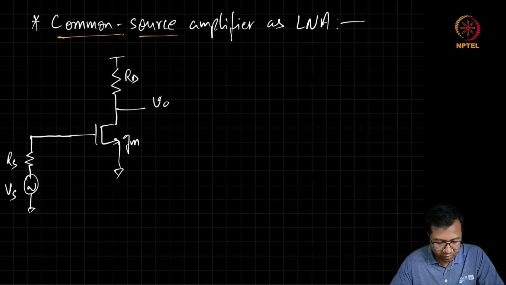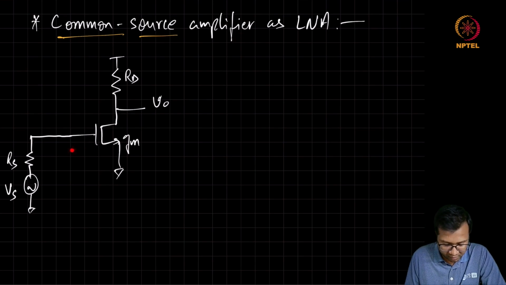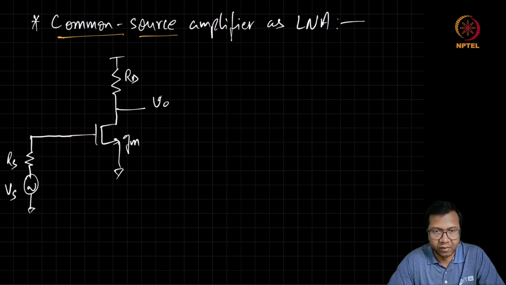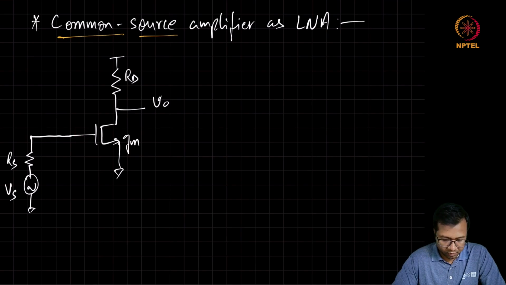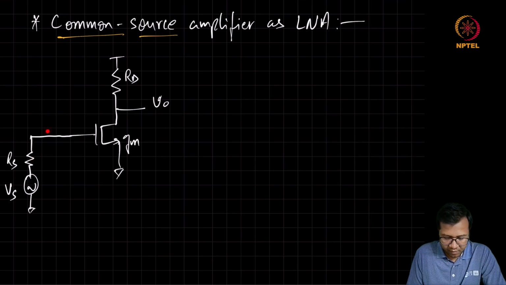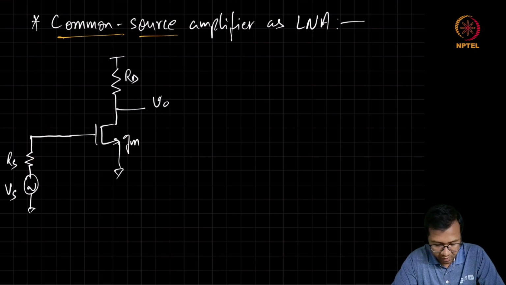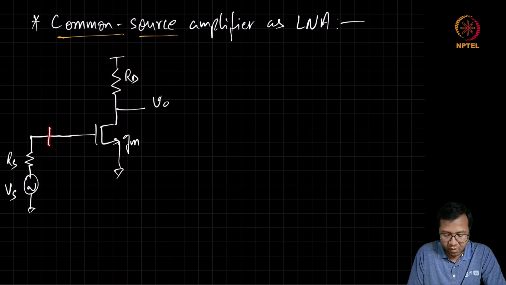Since we are trying to design this amplifier, which will be operating at a few gigahertz frequency, on the input side we also need to include the parasitic capacitance of this MOSFET. And in addition to that, since we are interested in the matching, we know that just by putting a capacitor may not be sufficient. So this may not be matched.